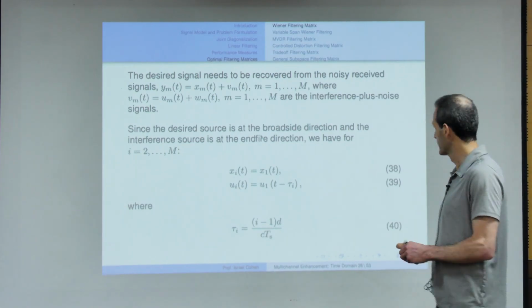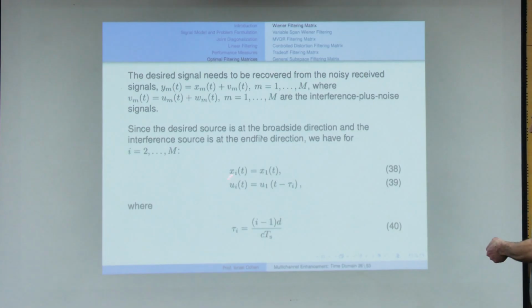Okay? So xi is the desired signal that is received in sensor number i. So it's the same as the desired signal that is received in the reference sensor. All the same.